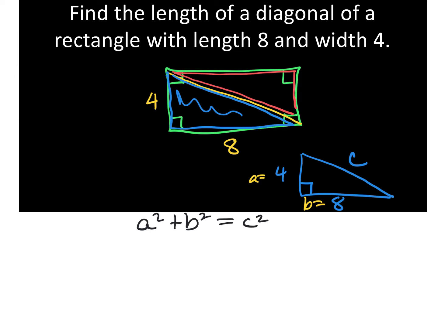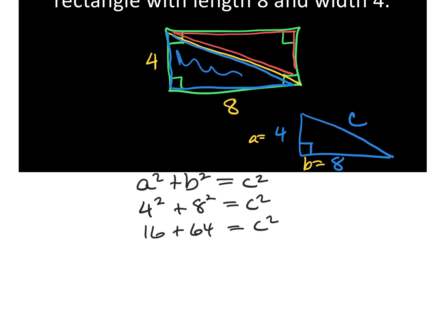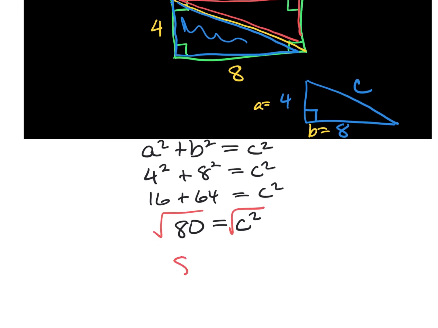So I'm going to do 4 squared plus 8 squared equals C squared. 16 plus 64 equals C squared. I'm going to add 16 and 64. I get 80. And now I have to square root it. So C is equal to the square root of 80.